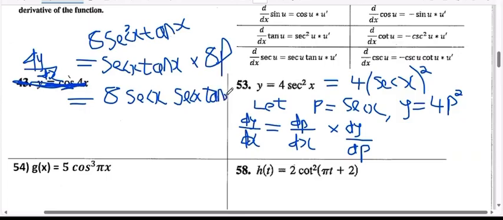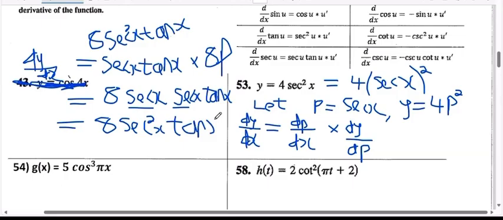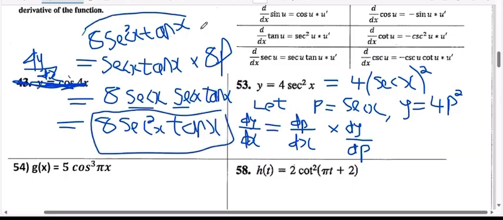Now multiplying all of that, you're multiplying this by this guy, I'm going to have 8 sec squared x tan x, which is the same thing as what we got.